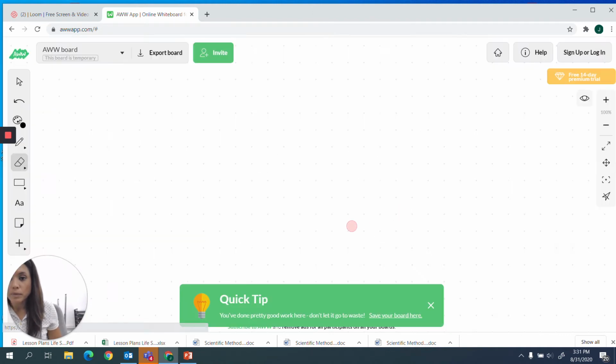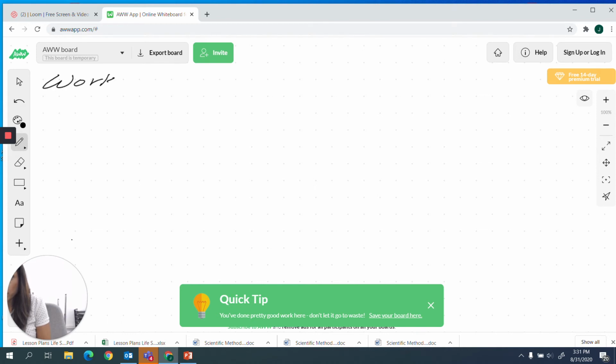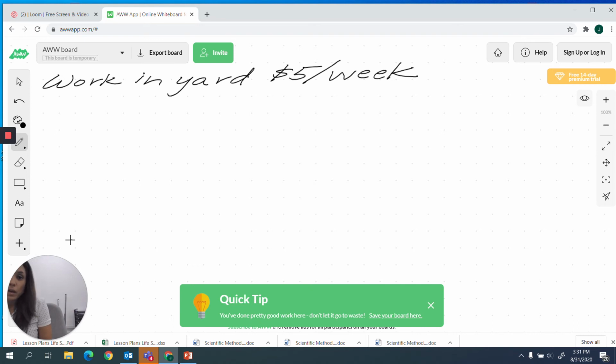Okay, I'm going to do a little problem for you. Let's clear this board. Let's say that you wanted to earn money and you wanted to do yard work for $5 a week. You're going to do this for your neighbor because you're just such a kind neighbor and you don't want your neighbor to have to go out in the heat.